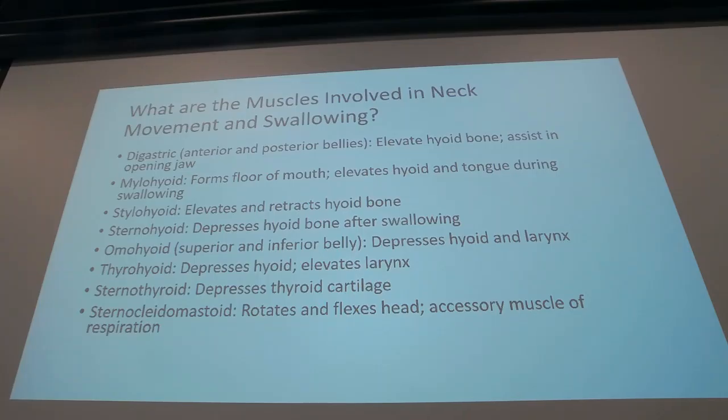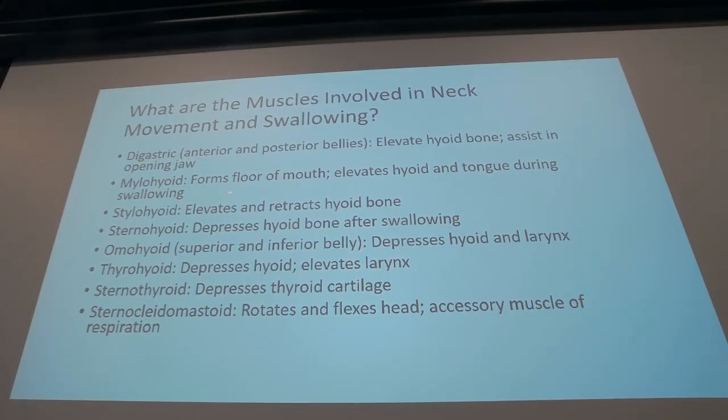So the digastric helps us to open the jaw, and then the mylohyoid, which is forming the floor of our mouth, same as the digastric, elevates the hyoid and also elevates the tongue during swallowing. Swallow a little bit of saliva and you are using your mylohyoid, same as other muscles from the palate.